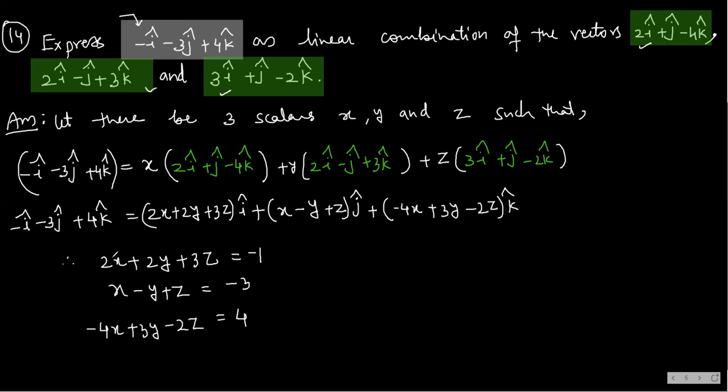I can solve this problem using the matrix method, that is the reduction method. I will write these three equations in matrix equation form, which we have done in matrices.